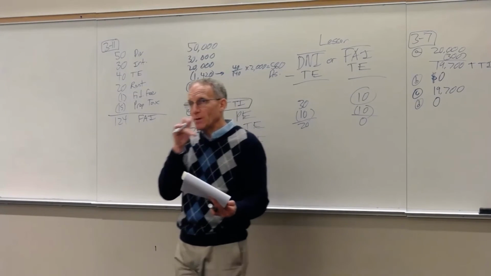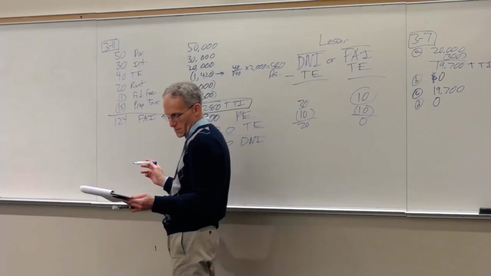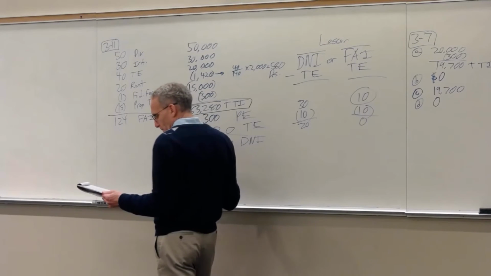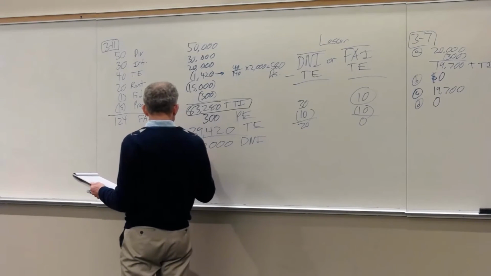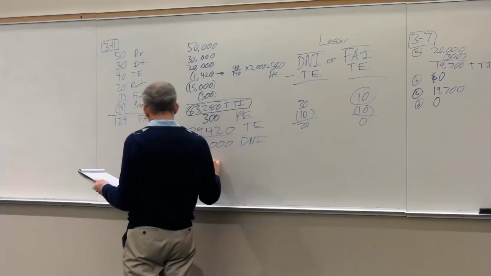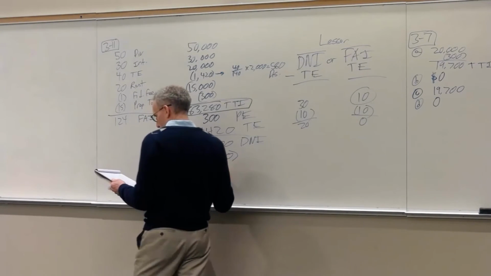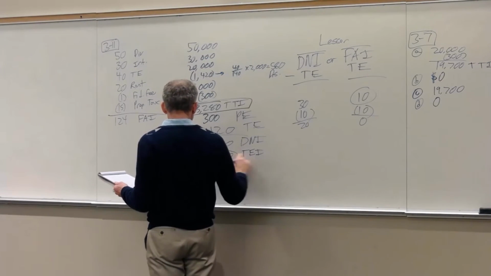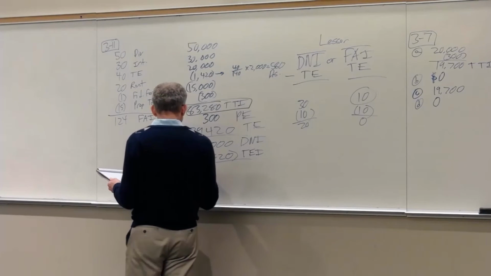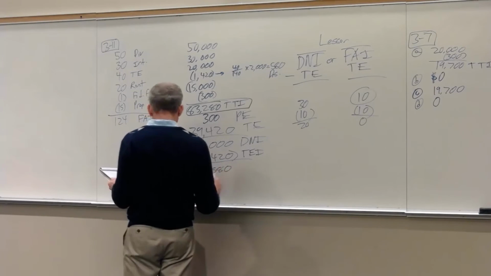Yeah. Okay, which means we have to subtract out from DNI the tax exempt interest, which is how much? 40,000 minus the 580. Right, so we have to subtract it out: 39,420. So this is 83,580.